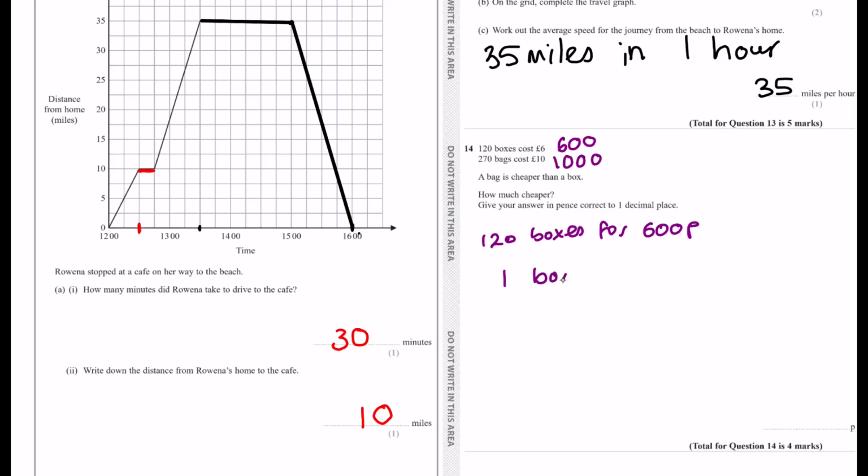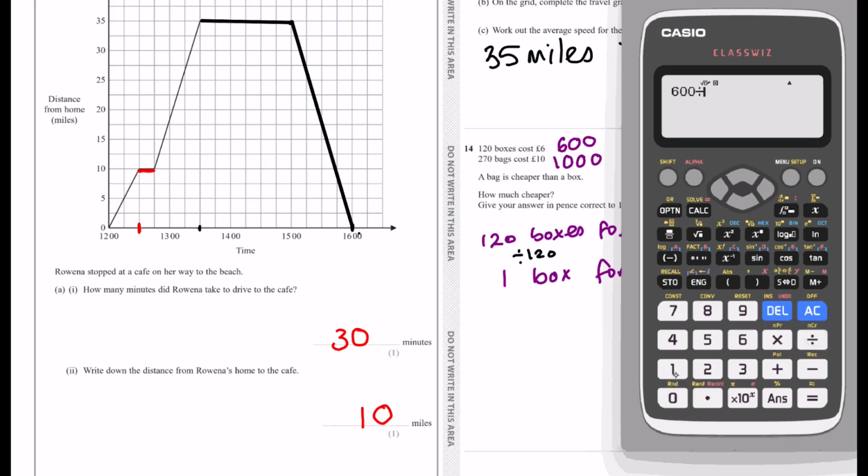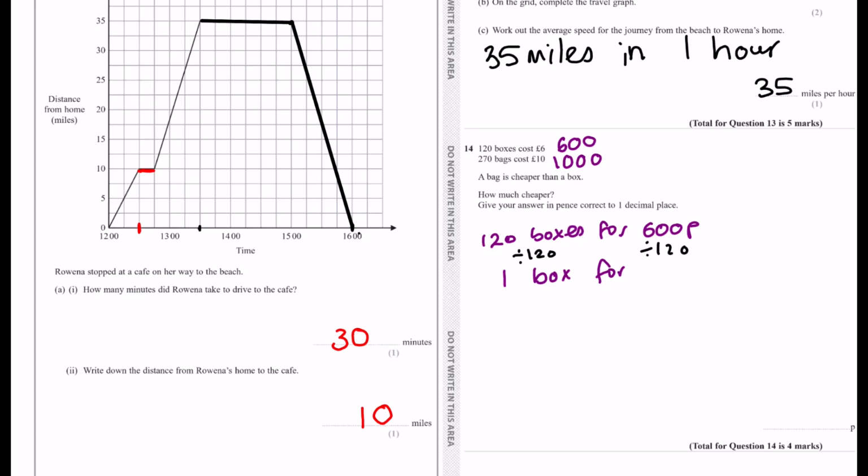So to get one box, we are dividing by 120. 600 over 120 is 5. So one box is 5p. And the same for the bags, 270 bags for 1,000p.